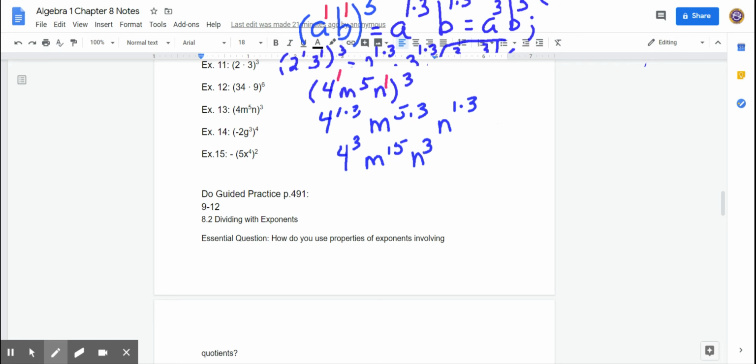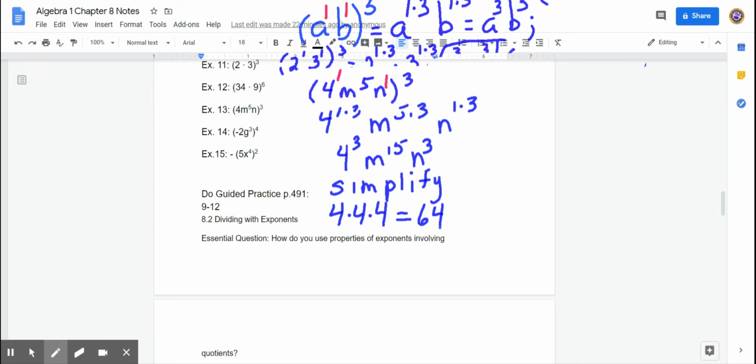Now again, if I asked you or told you to write your answer using exponents, you would be done. If I said to simplify, then you have to take and multiply 4 by itself 3 times. 4 times 4 is 16, and 16 times 4 is 64.